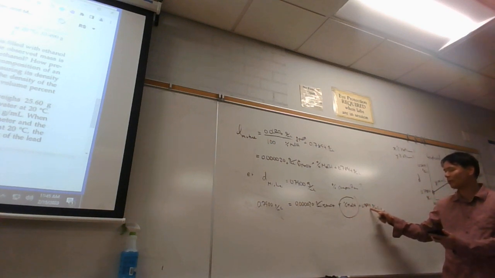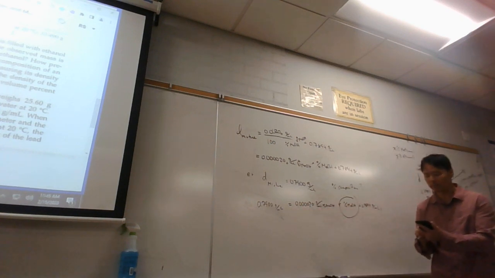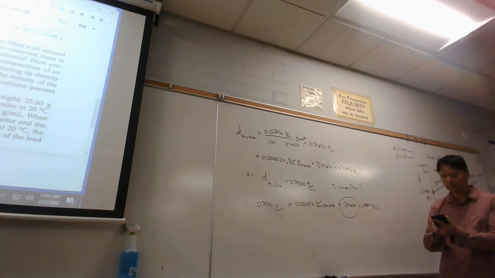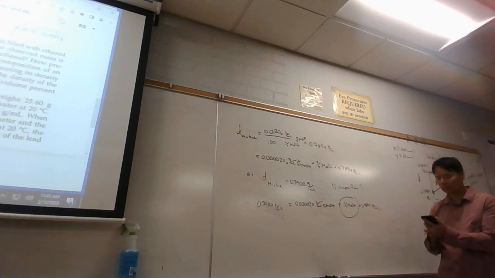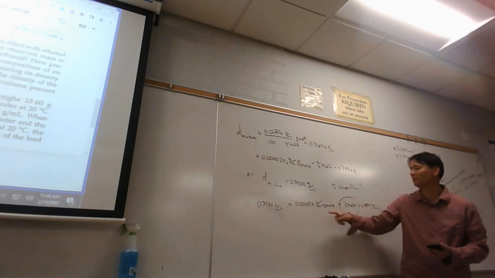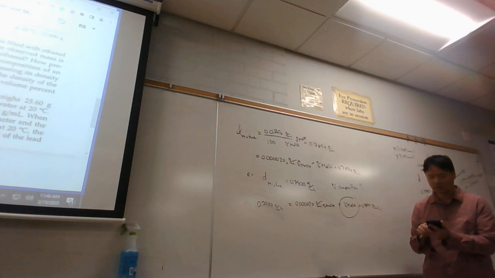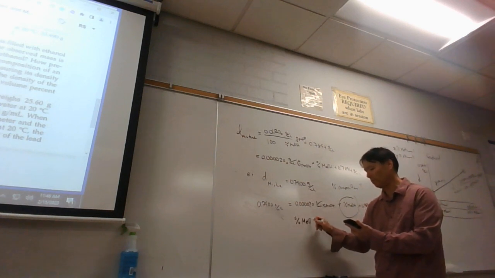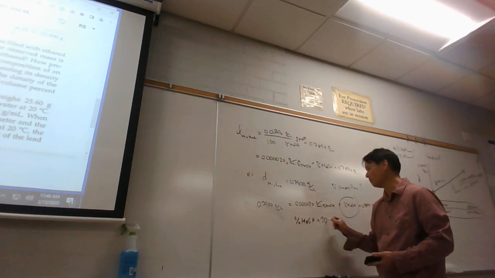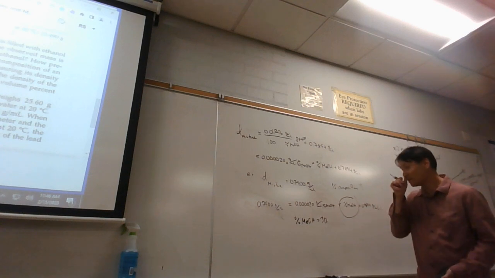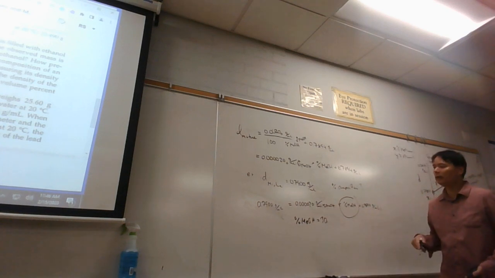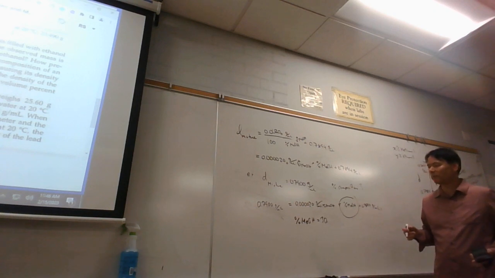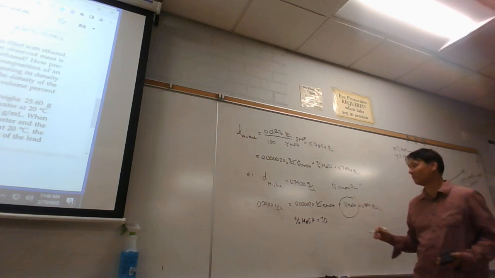And so I'm going to subtract 0.7894 from both sides. So I'm going to get 0.7900, 0.79 minus 0.7894 equals, and then I'm going to divide it by 0.0020. That gives me a percent methanol of 30%. Now, how many sig figs am I allowed? I have to keep track of sig figs, so I probably should have done some intermediate step here.